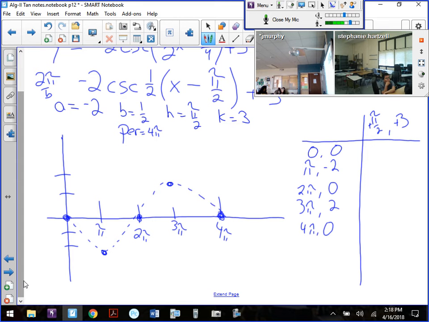So let's see here. We have pi over 2 and 3. It's a whole bunch of little fractions. Six will be 7 pi. 8 pi over 2 is 9 pi.